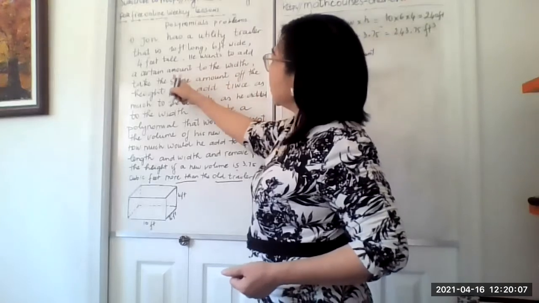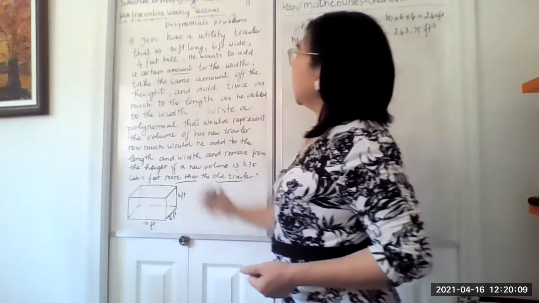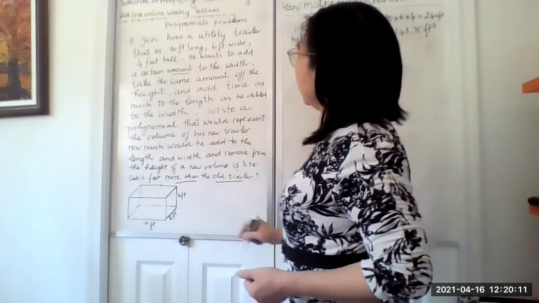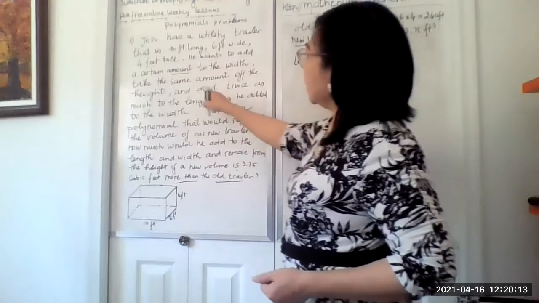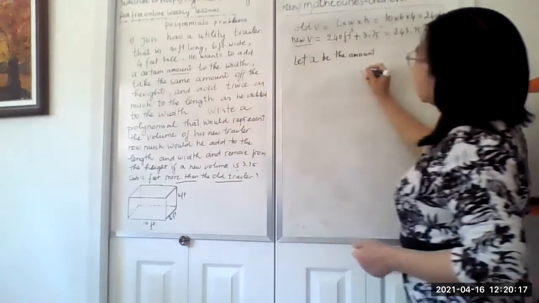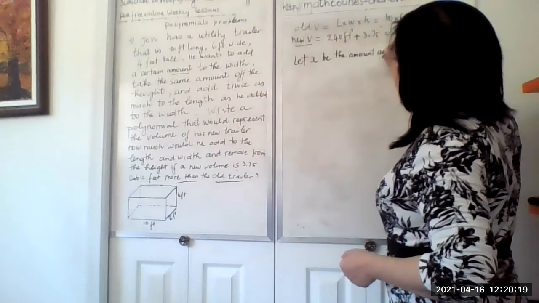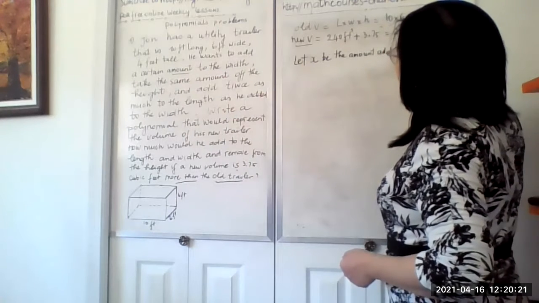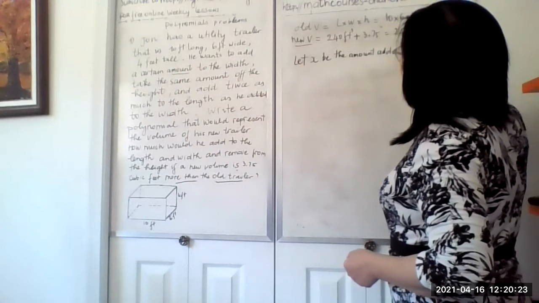He wants to add a certain amount to the width and take the same amount off the height. So let X be the amount added to the width.